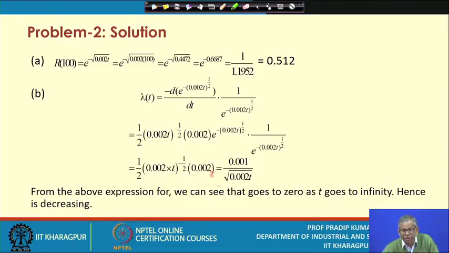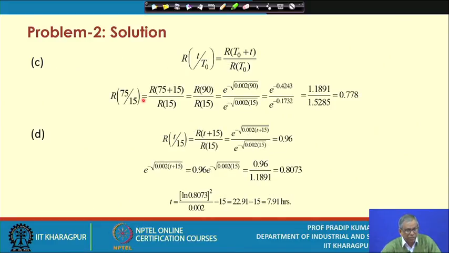So t is in the denominator. If t increases, obviously lambda t decreases. So the failure rate is decreasing over the time period. So that is your observation, that is your interpretation.